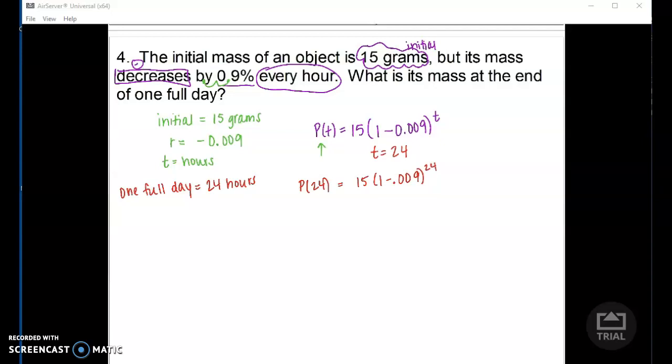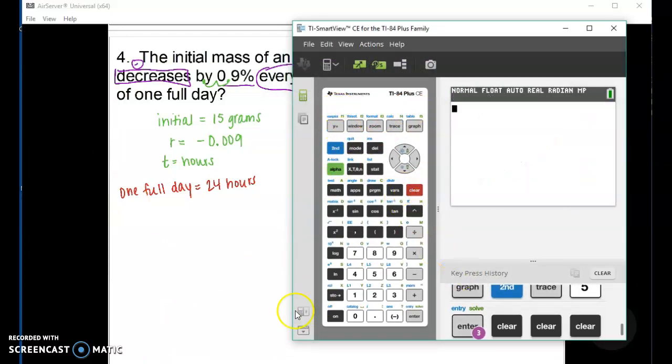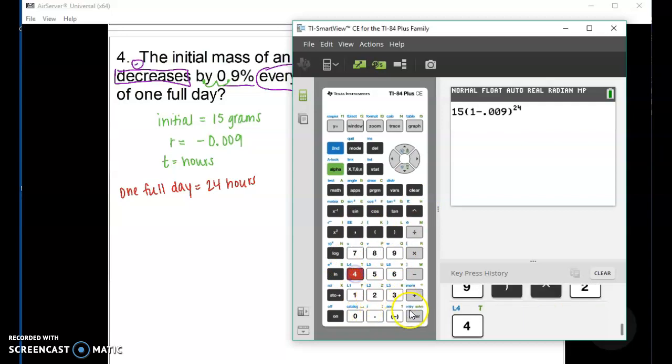And this is not one where you're finding the intersection, you're just trying to calculate. So we're just going to go in the regular calculator part, and we're going to just type in 15 parentheses 1 minus 0.009, and that's going to be to the 24th power.